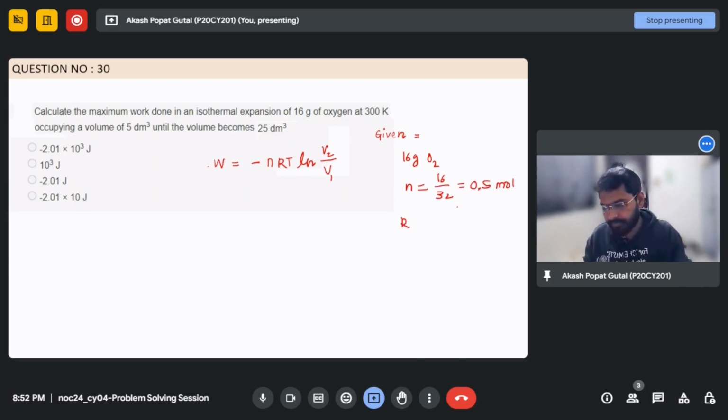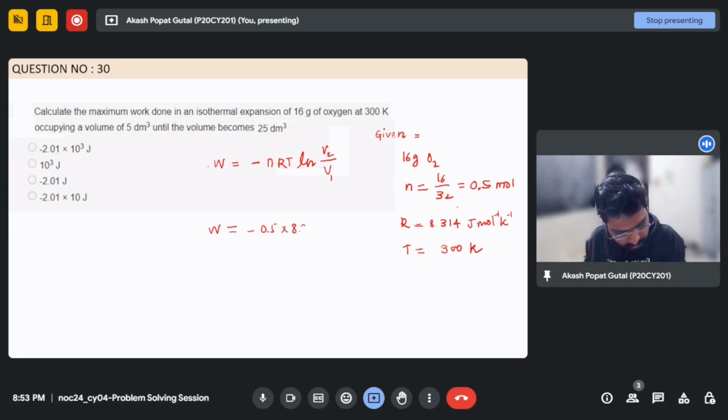R is 8.314 joule per mole per Kelvin, and the temperature is given as 300 Kelvin. So the work done is minus 0.5 into 8.314 into 300 into ln of V2, which is 25, by V1, which is 5.